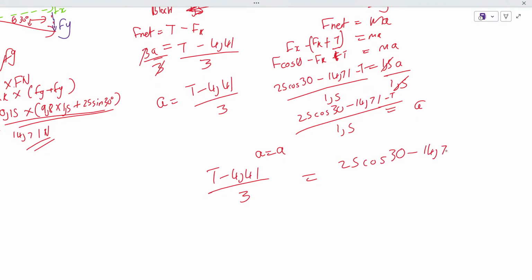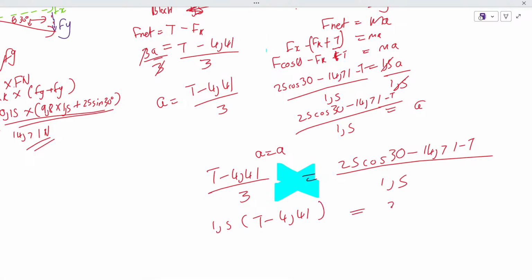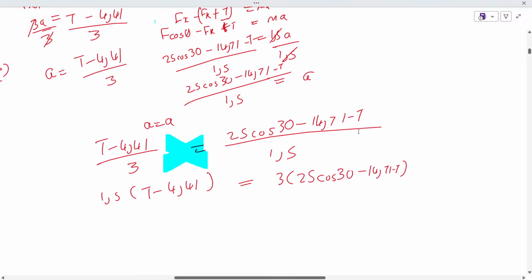There are different ways to solve a simultaneous equation, but as long as you get to the answer, just cross multiply 1.5 into T minus 4.41, and then 3 into 25 cos 30 minus 14.71 minus T. What we are going to do here is that this one is going to cancel this one, but not completely, because here we are going to be left with 2, because 1.5 gets in 2 times at 3.